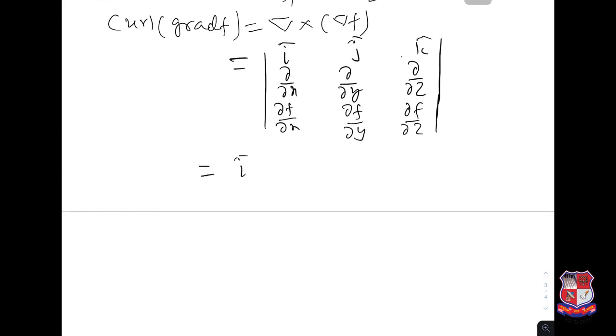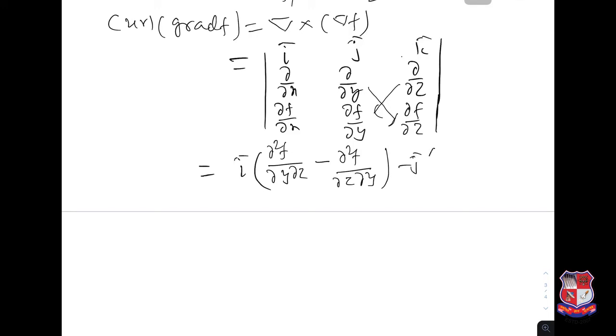Evaluate. So this is i. Now del by del y of del f by del z, so that is del square f by del y del z. Then minus this one, del by del z of del f by del y, so del square f by del z del y.